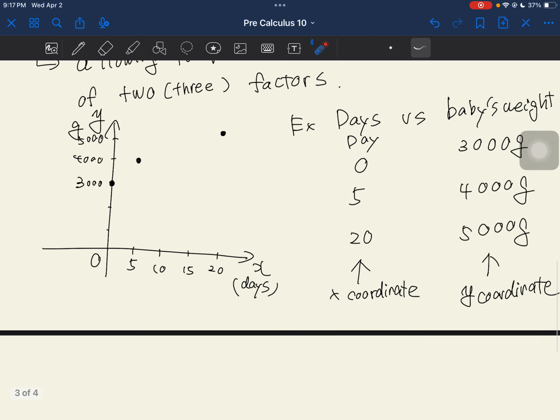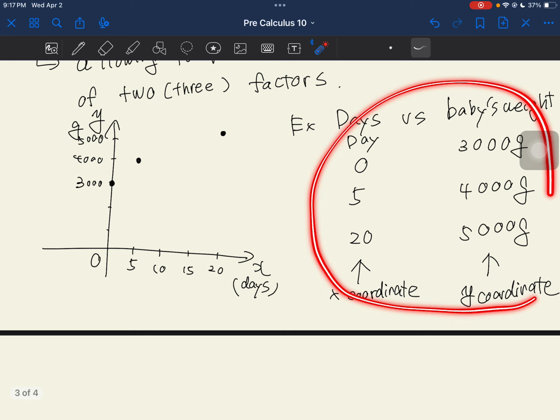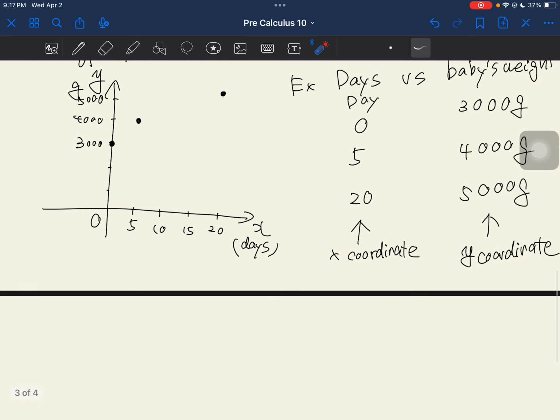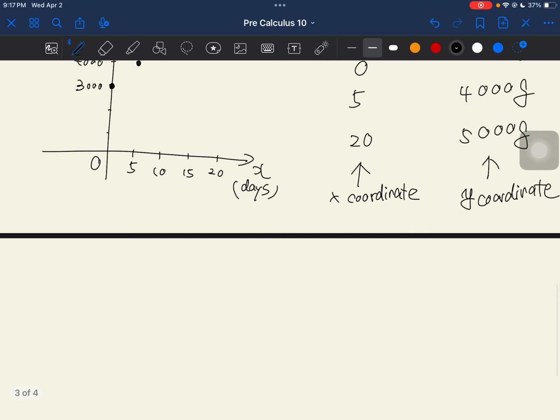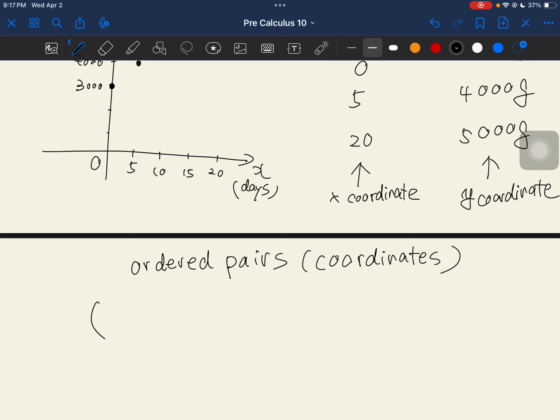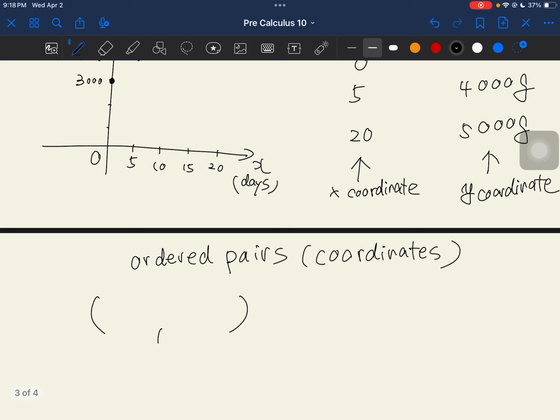But realistically, the information is not given like this. The information is given using ordered pairs, which is simply to say, coordinates. You might have seen something like this, for example, two numbers in brackets, like 3, 0.